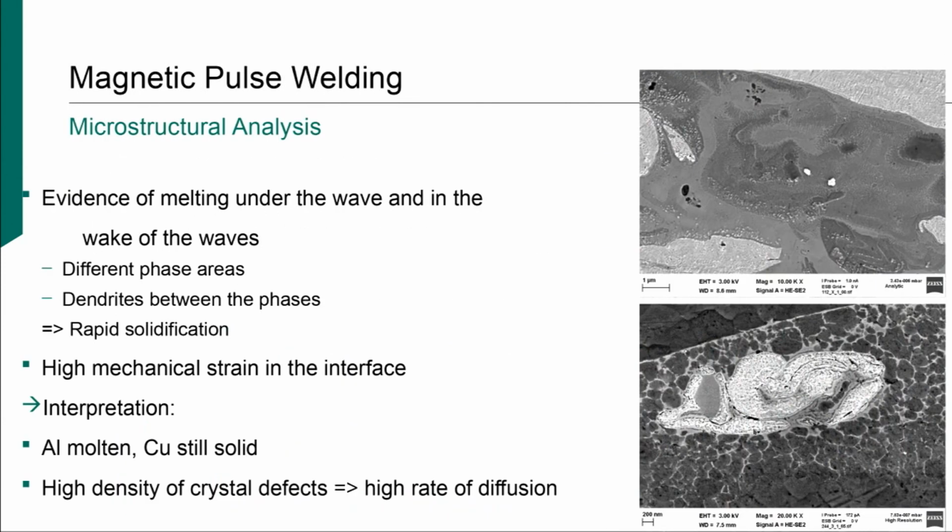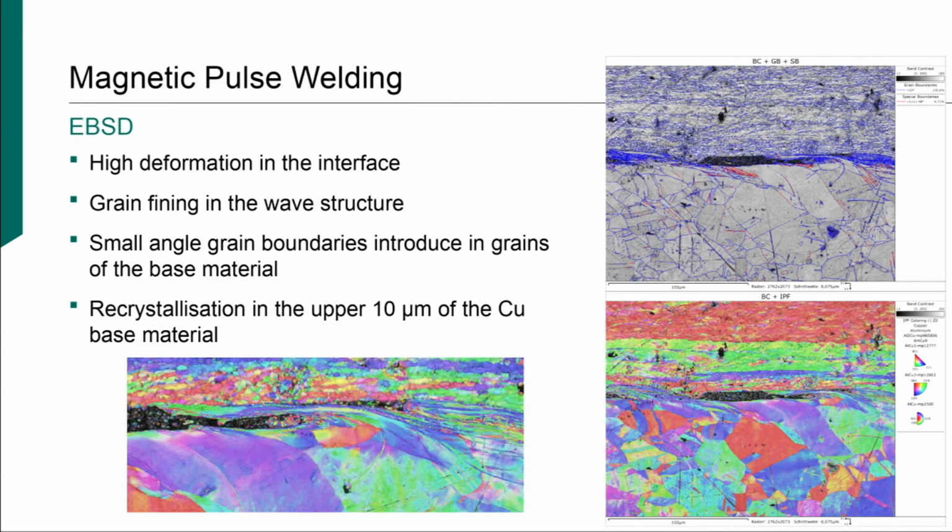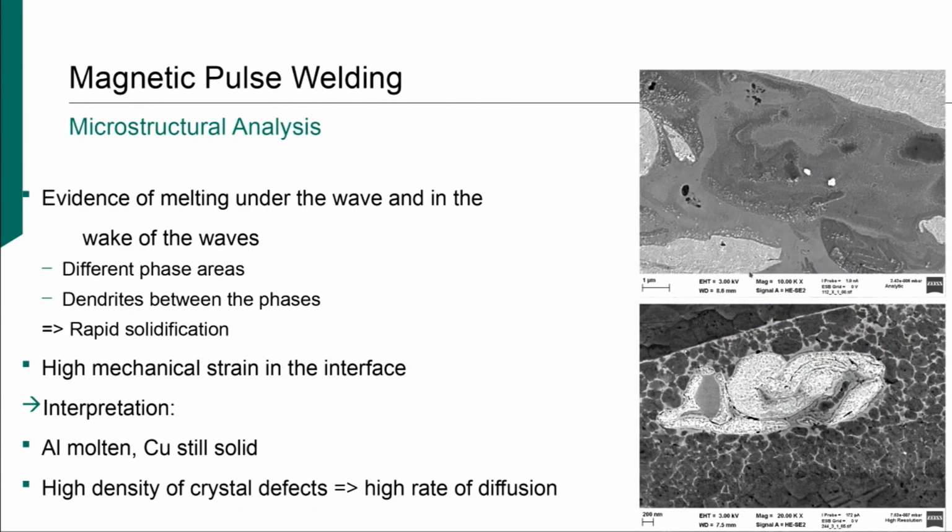And then we looked closer into these regions in the wake of the waves. I think it was probably this region here. What you find here are regions which look like dendrites. So this might be an indication that there's a short-term melting of this structure, which would nicely explain why you get this good joining here.